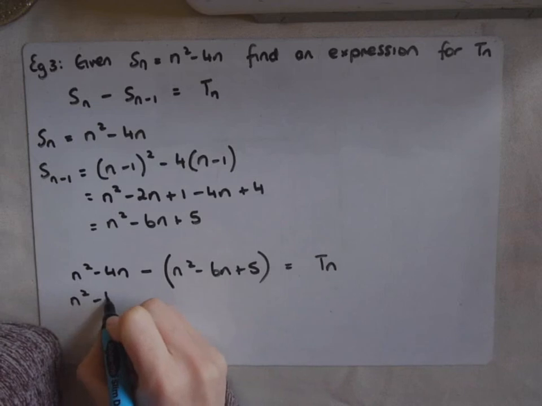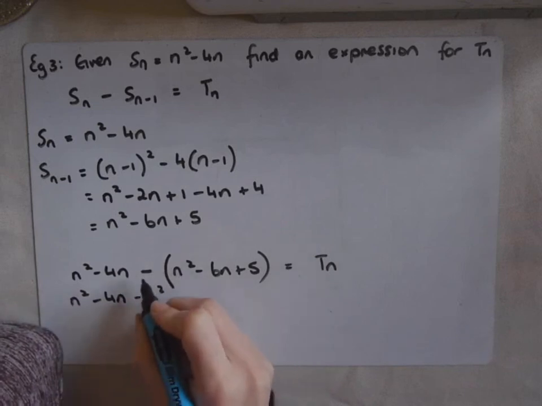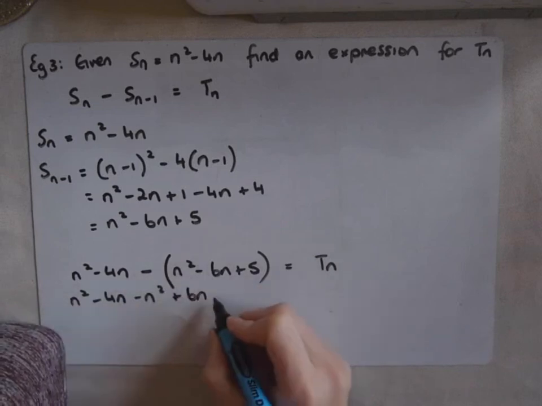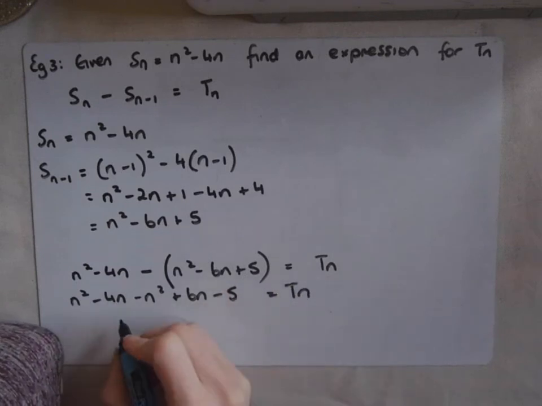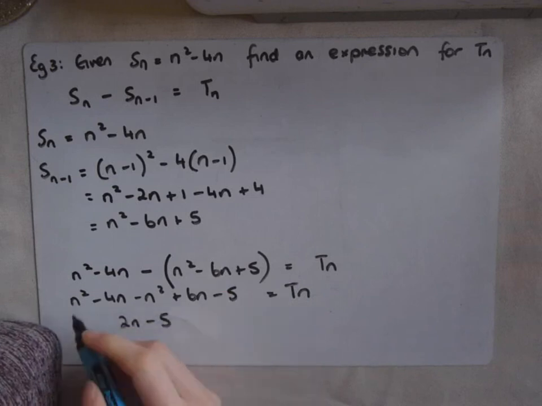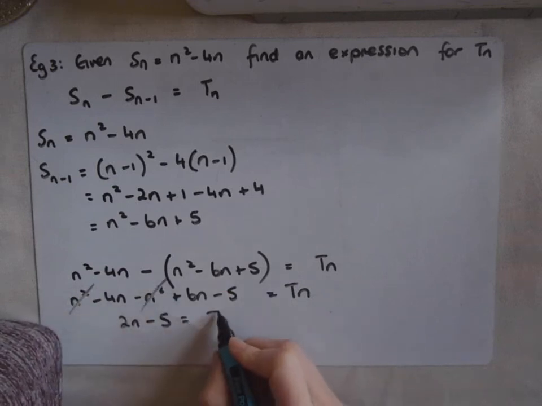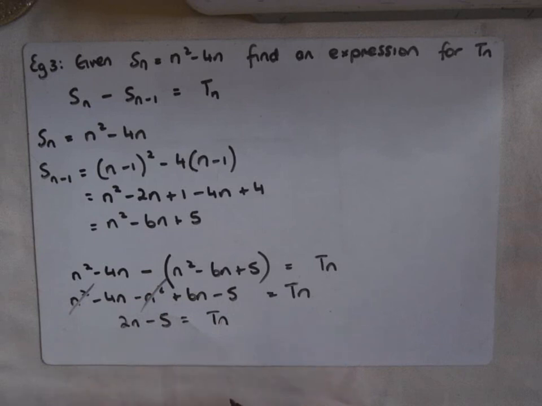And just tidy up. 6n take 4n is 2n minus 5. The n squareds cancel. So your Tn is 2n minus 5. And then you could use that to find T1, T whatever.